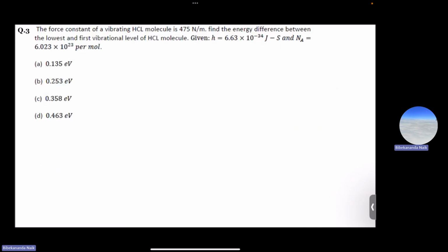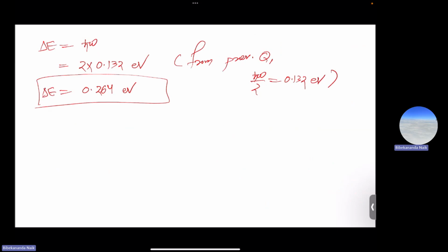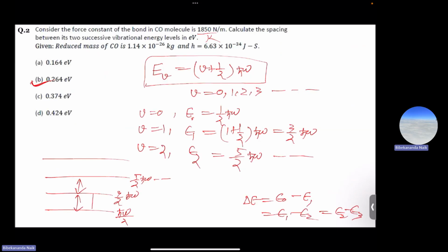Now you see all these levels are equispaced, so whether the transition occurs from this level to this level, or this to this, the energy differences are all the same. So we will observe only a single spectral line, because a spectral line corresponds to the energy difference between two levels when the atom undergoes a transition from one vibrational level to another.